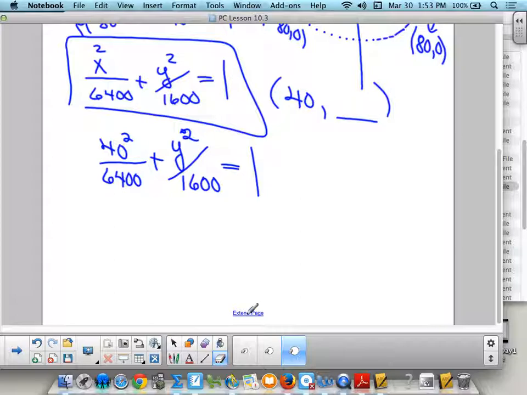Oh, I see what you did. Okay. Yeah, I'm sure that's right. Most people just did this though. 34 feet or something like that. Yep. You guys get it? 34.64 feet. Yep.